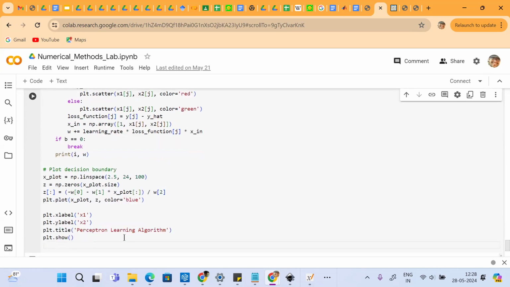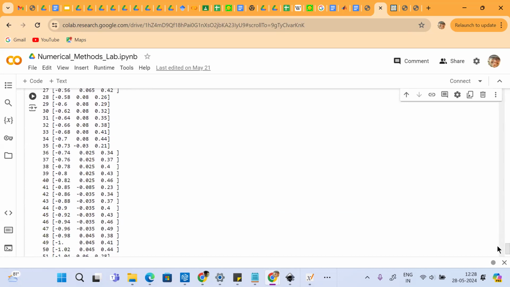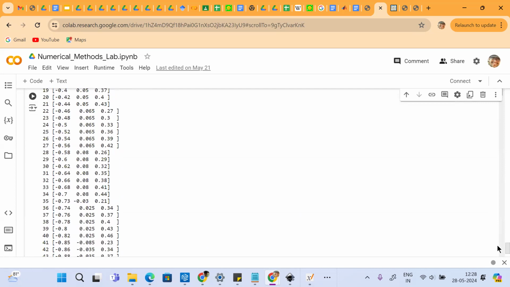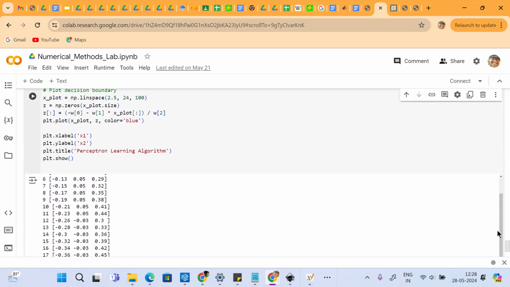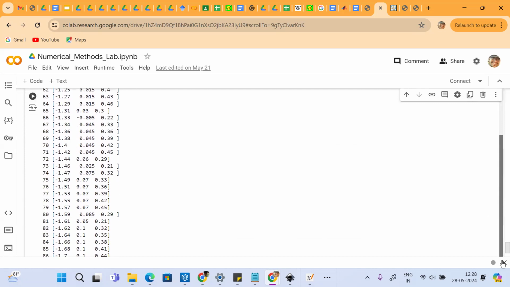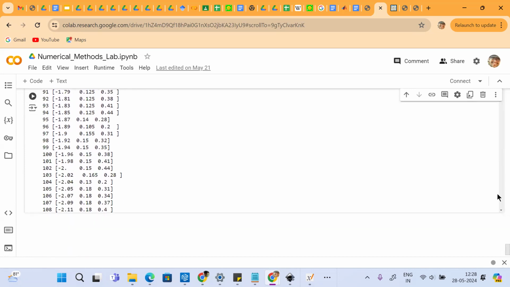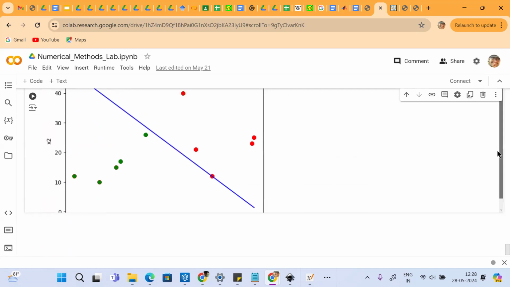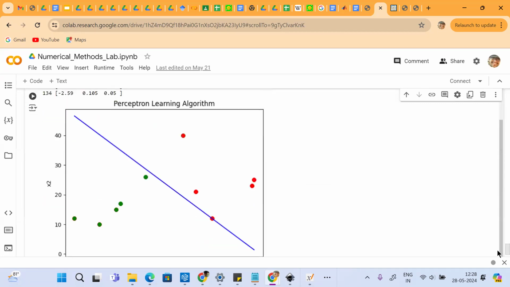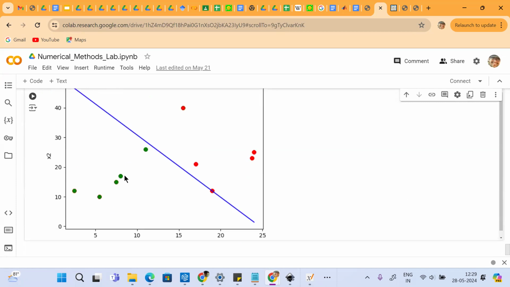If you run it, you are displaying a lot of data sets, fine. But where is my figure? Okay. Yeah. So you can see the green is one category, red is one category, and this is one of the decision boundary lines.